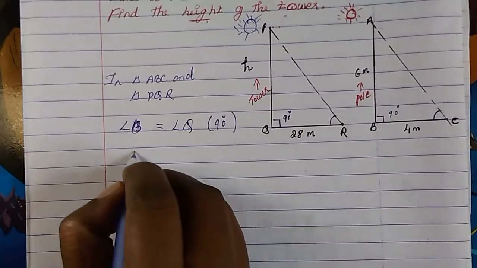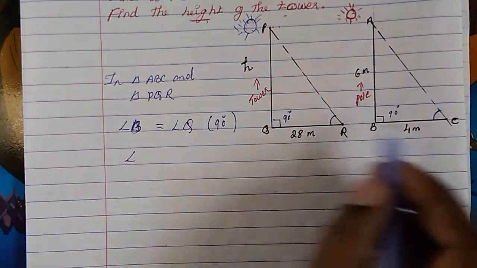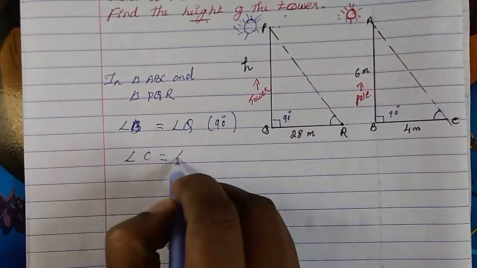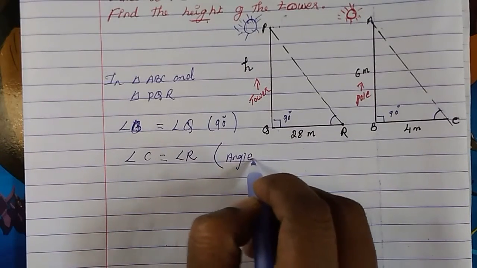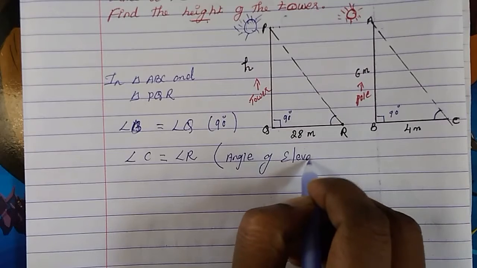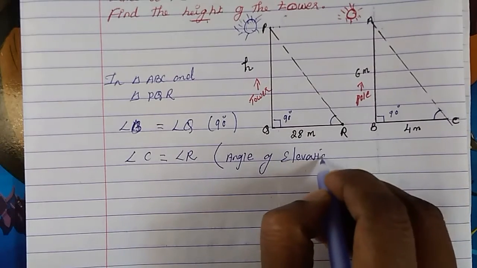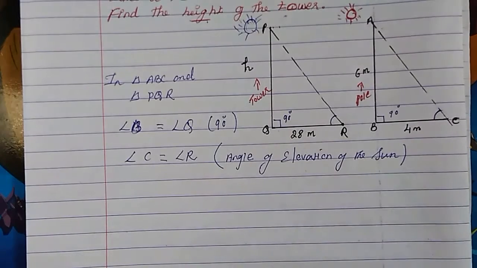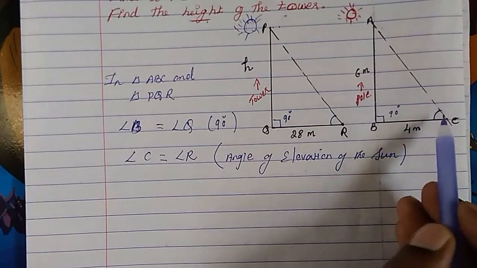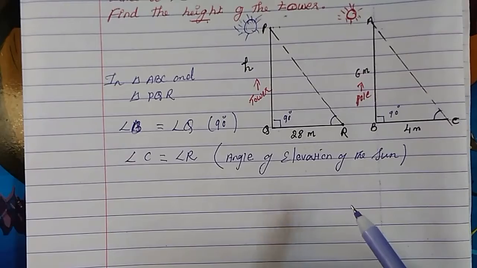Therefore we can say angle C will be equal to angle R because it is the angle of elevation of the sun. Okay, between the ground and the sun, the angle that is formed we call the angle of elevation.